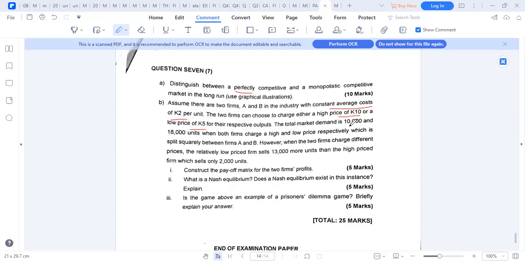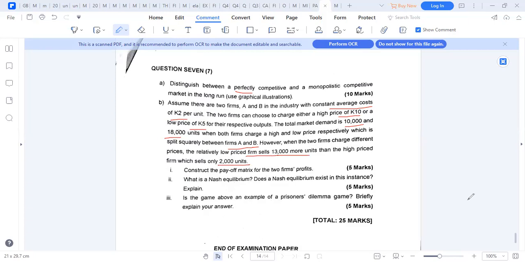The total market demand is 10,000 and 18,000 units when both firms choose a high and low price, respectively, which is split squarely between firm A and B. However, when the two firms charge different prices, they are relatively priced low with 13,000 and 2,000. So we need to draw a matrix for the two firms.